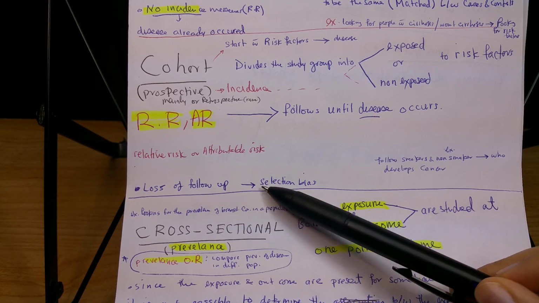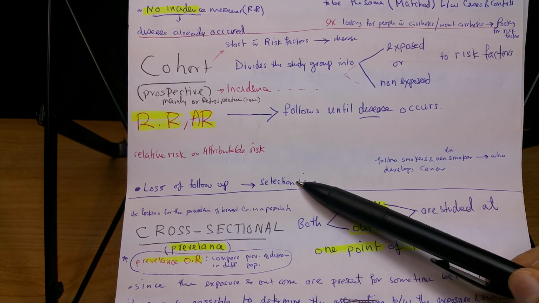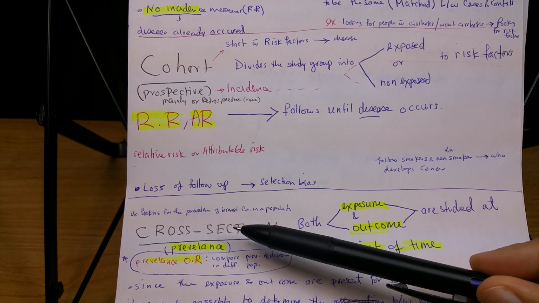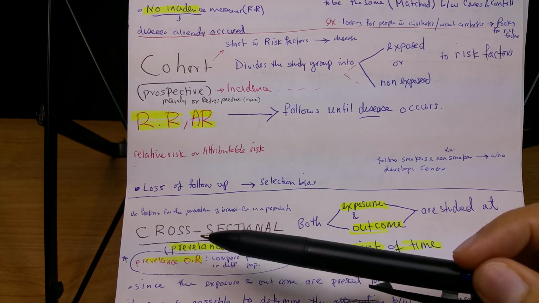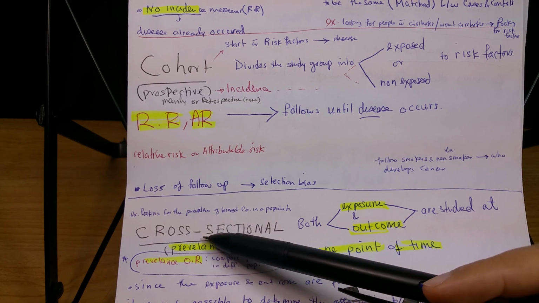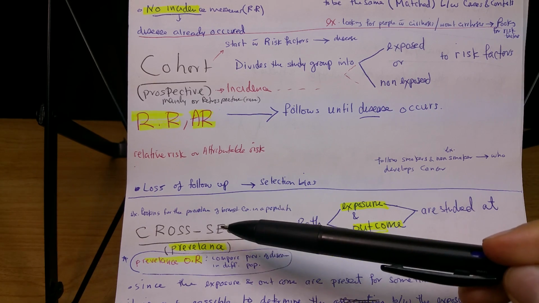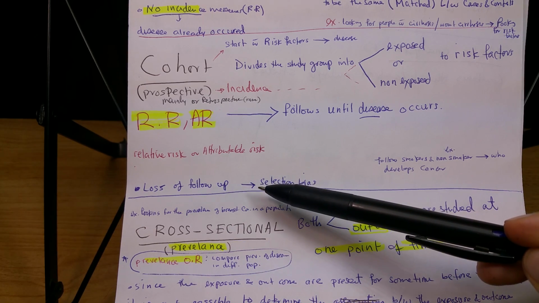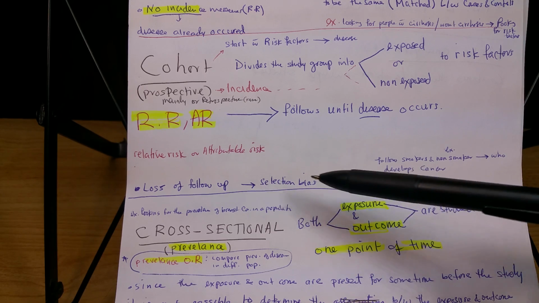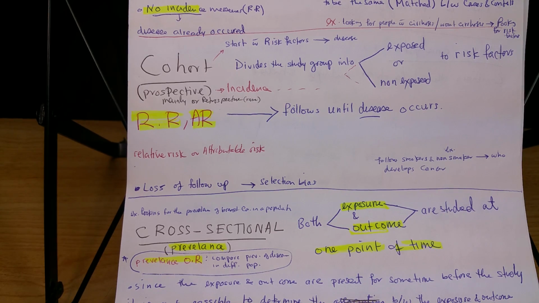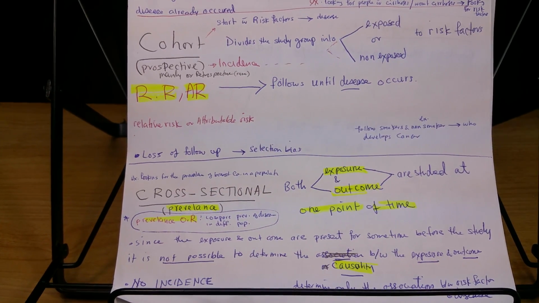We'll talk more about the biases in another video. It's important to remember these definitions. Sometimes they seem easy, and they are easy, but sometimes they try to trick you in the questions. So set it straight and remember it.